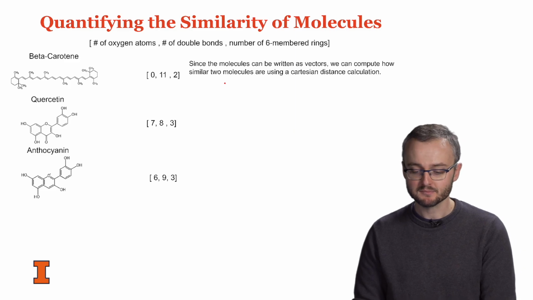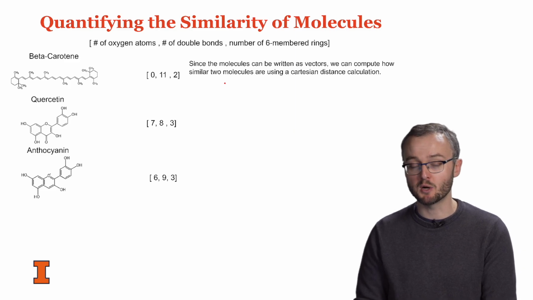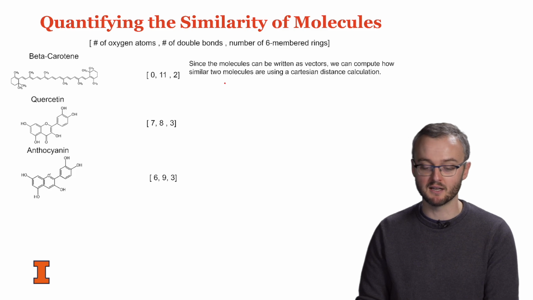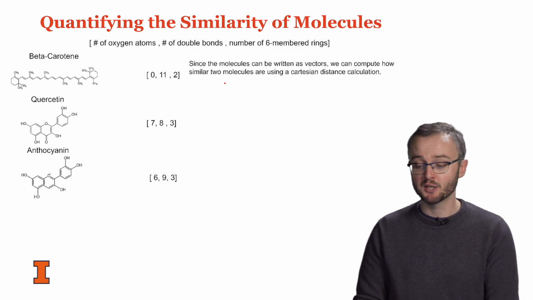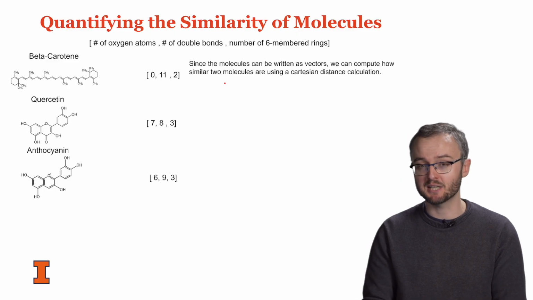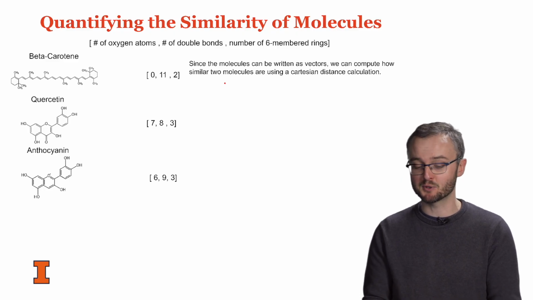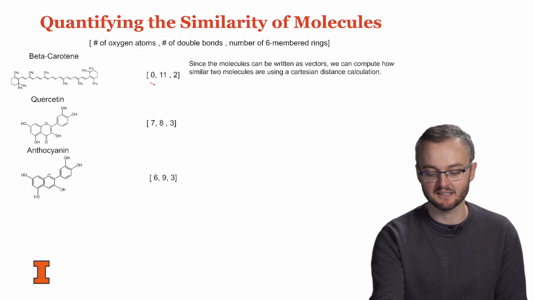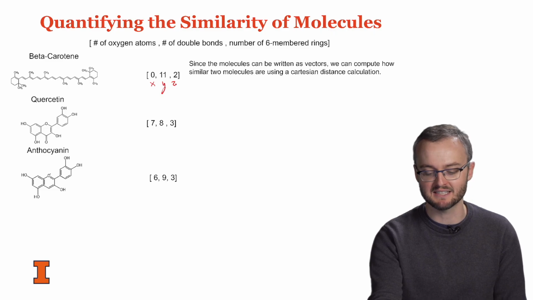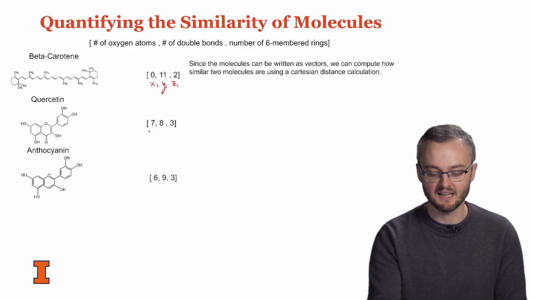And so since you can write these two molecules as these three-dimensional vectors, these lists of three numbers, you can use an analogous computation as you would to compute, say, the distance between 2 points. Right? Hypothetically, you could be like, okay, this is kind of like if that's an x, y, z, and this is an x, y, z.